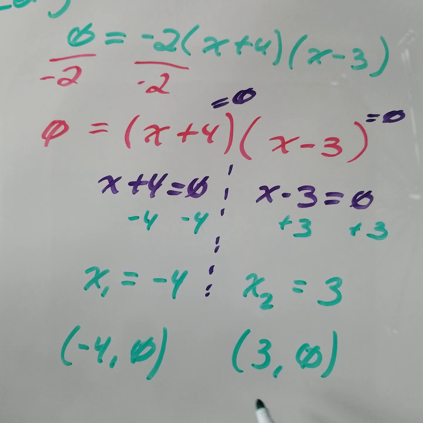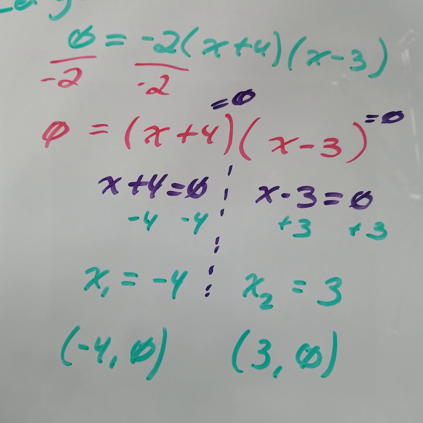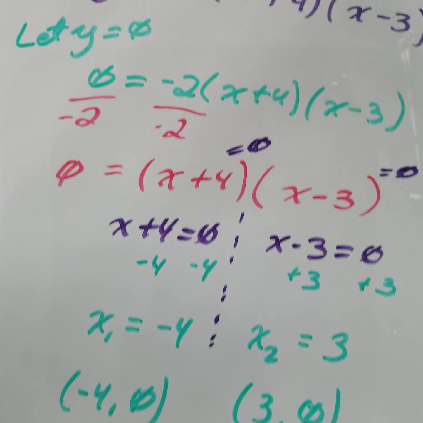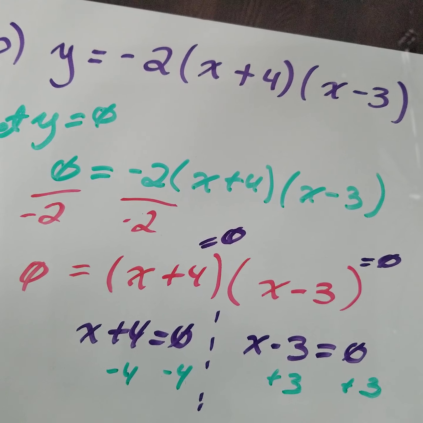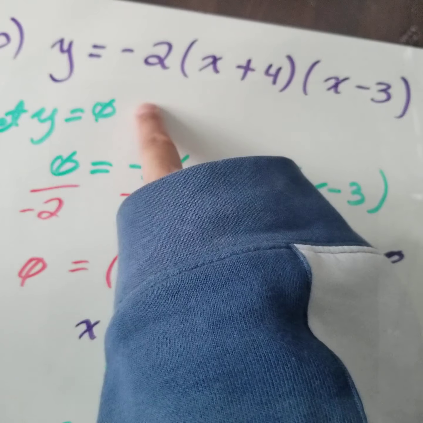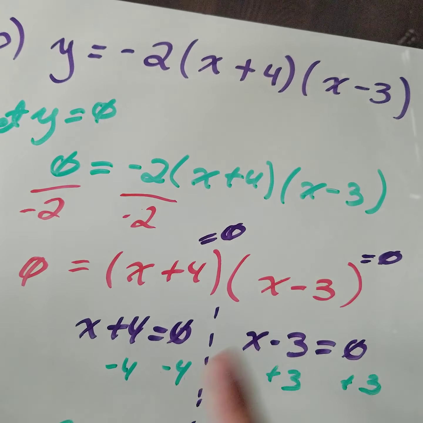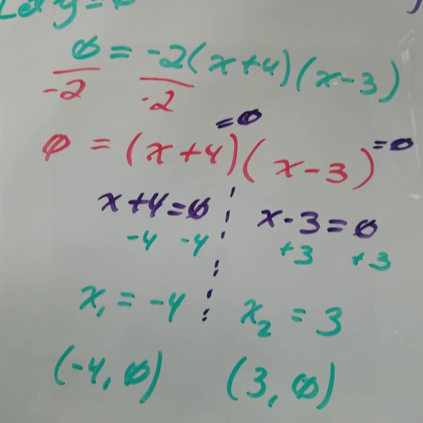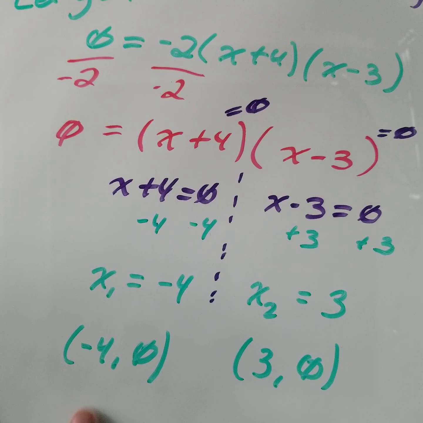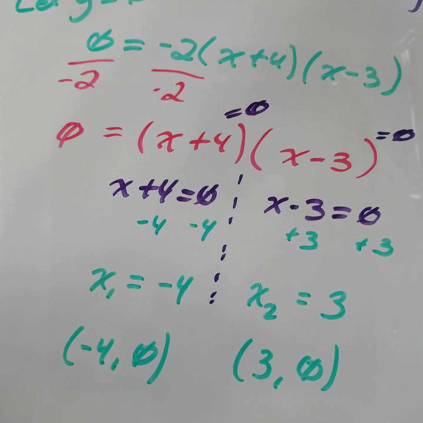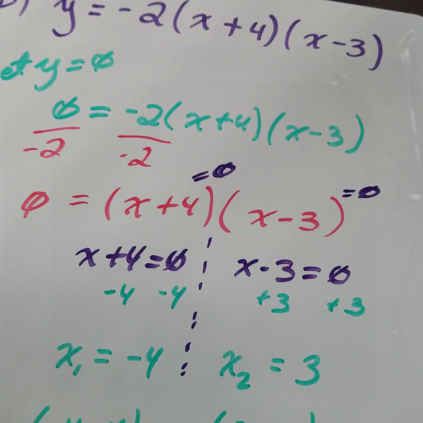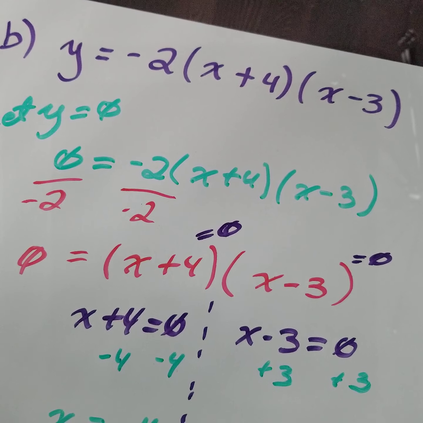So again, we can check on Desmos to see how accurate it is. If I'm plotting this parabola, I know that this a value is negative, so I know it's going to open down, and it's going to hit at these two spots, at negative 4 and at positive 3. So let's check on Desmos to see if we'll actually get that.